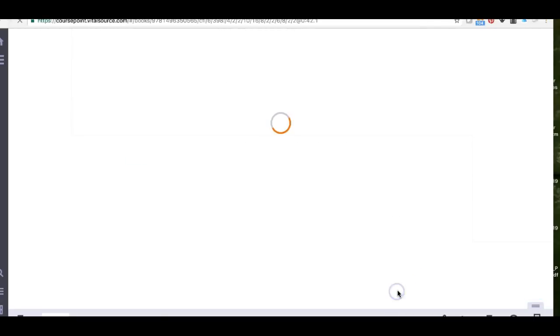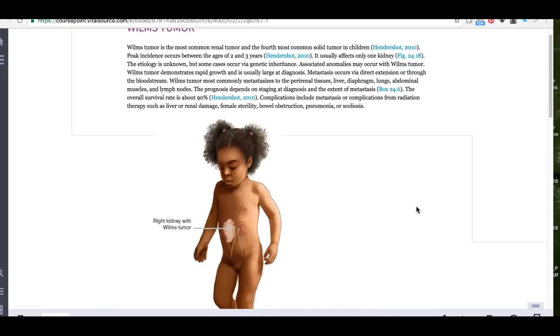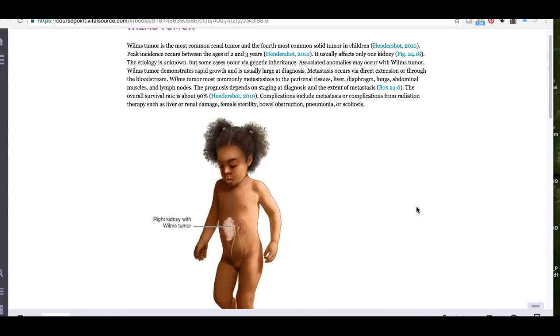All right. Oh, one last thing, Wilms tumor. We did talk a little bit about Wilms tumor: never palpate a Wilms tumor. It's the most common renal tumor. You don't need to know the order, like this is the fourth most common solid tumor. You don't need to know that.